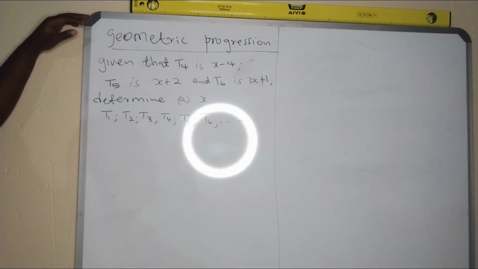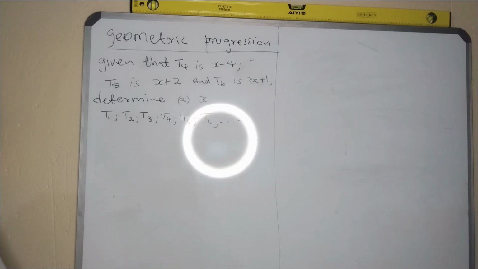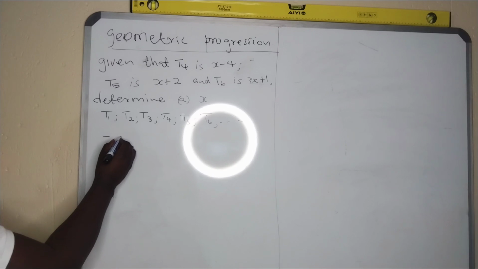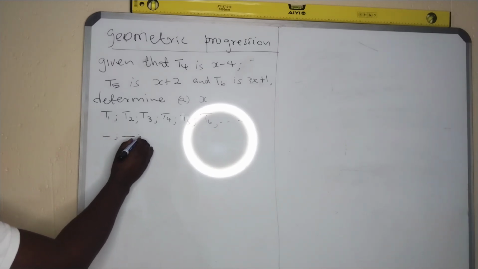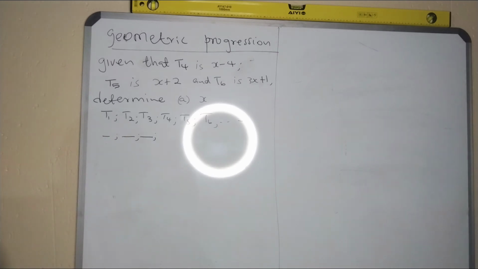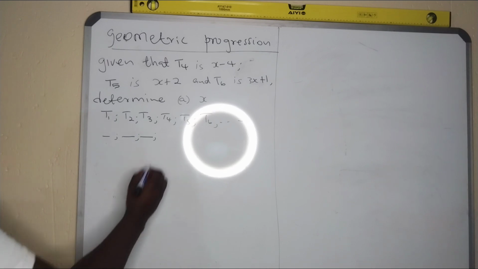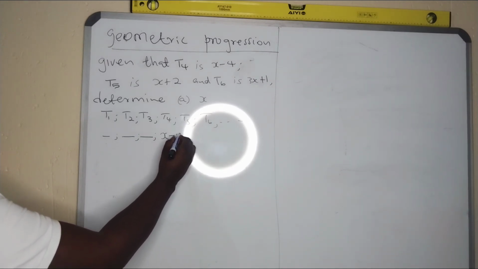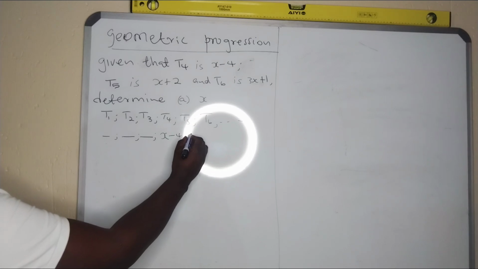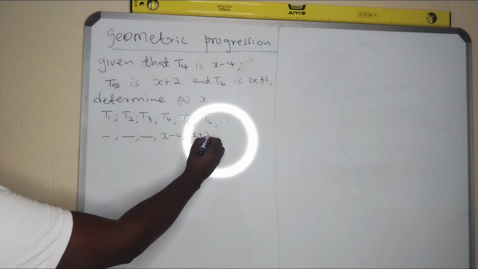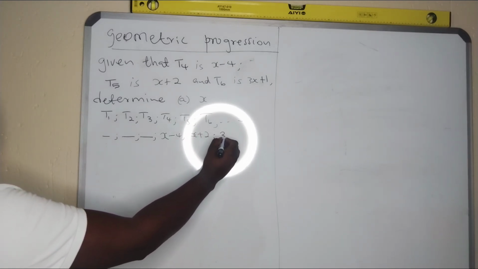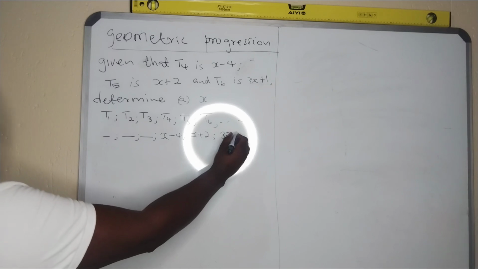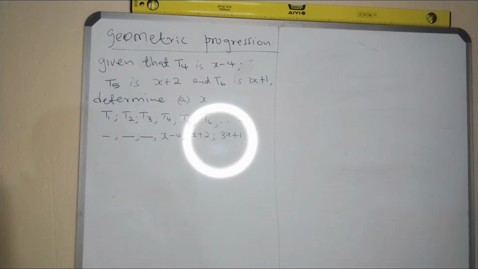You can see that you don't know what is term 1, term 2, or term 3. But all that you have is given from term 4, term 5, and then term number 6, 3x plus 1.